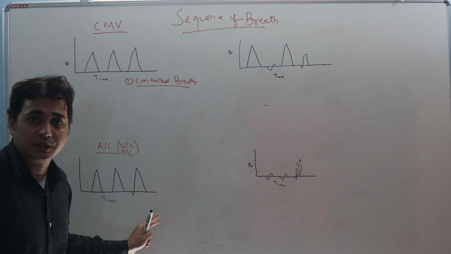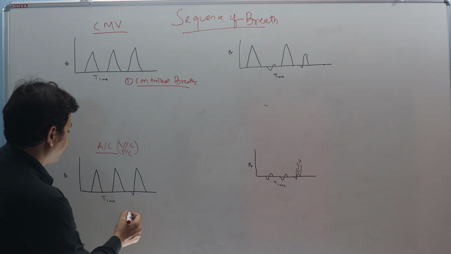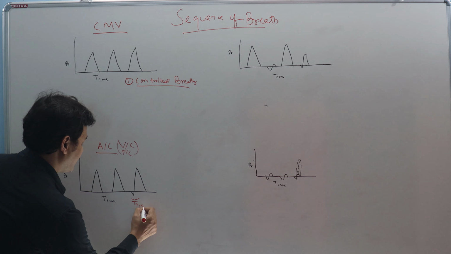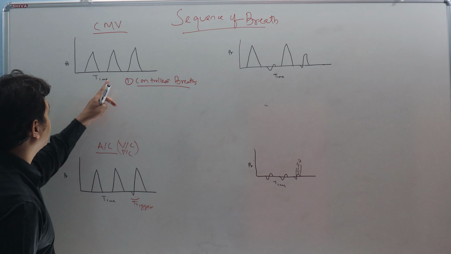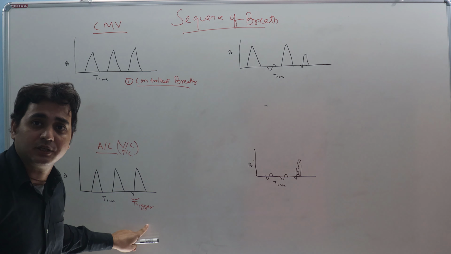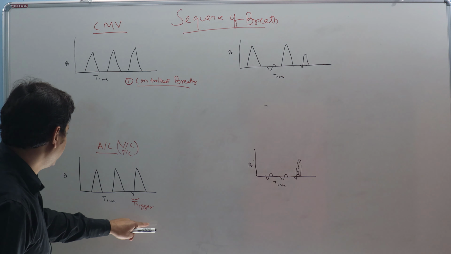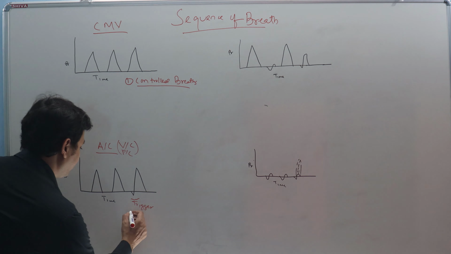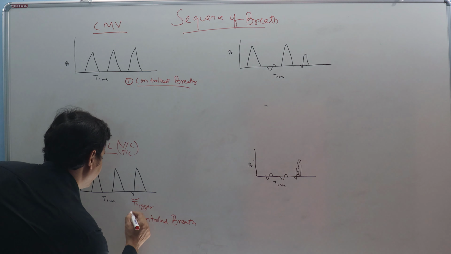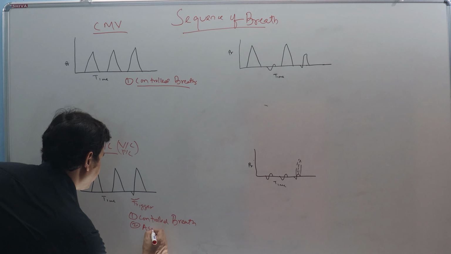Why is it called assist? Because you can see here the patient is triggering. This is called trigger. Now here the trigger is only time trigger, but here the trigger can be flow or pressure trigger by the patient. So here we have controlled breath and also we have assisted breath.